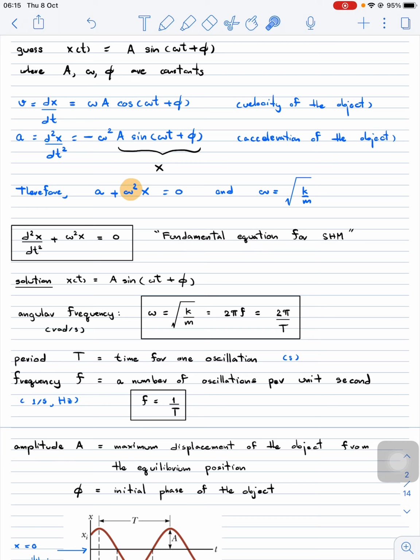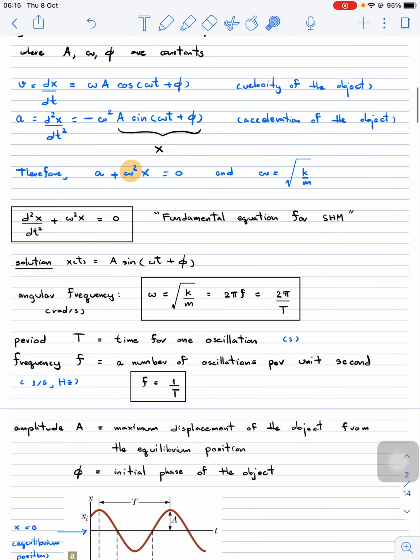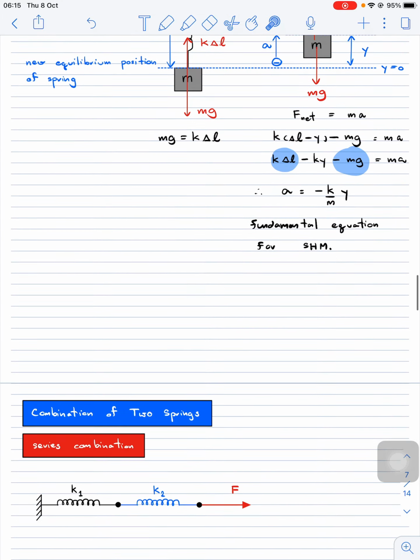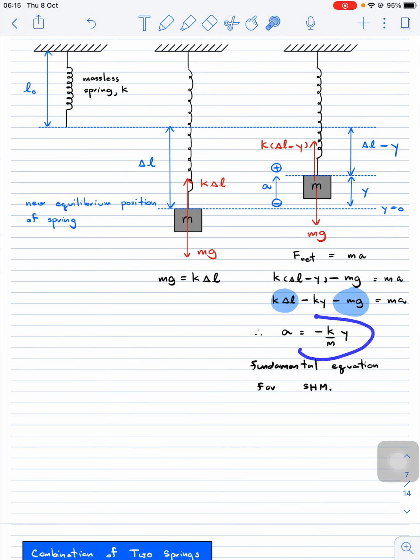I said that if any motion has an equation of motion in this form, then that particle will move in simple harmonic motion. And the variable in front of the x must be equal to omega squared, the angular frequency squared.